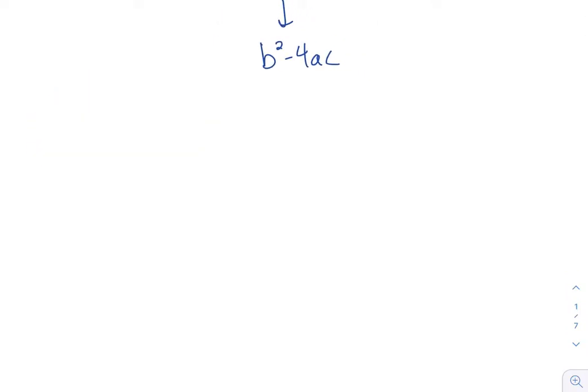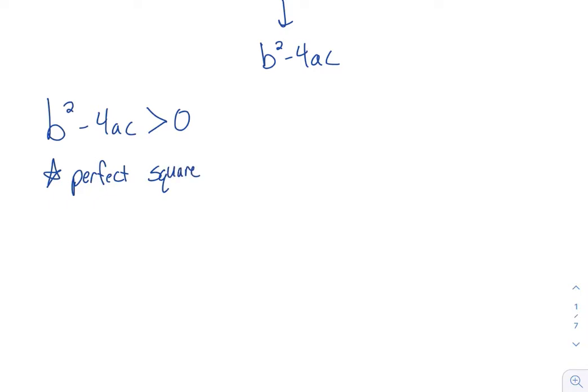All right, so the discriminant can be really four different kinds of numbers. The first kind of number it can be is a positive number. But not only is it a positive number, it can also be a perfect square. So this is the scenario where the discriminant is a positive perfect square.